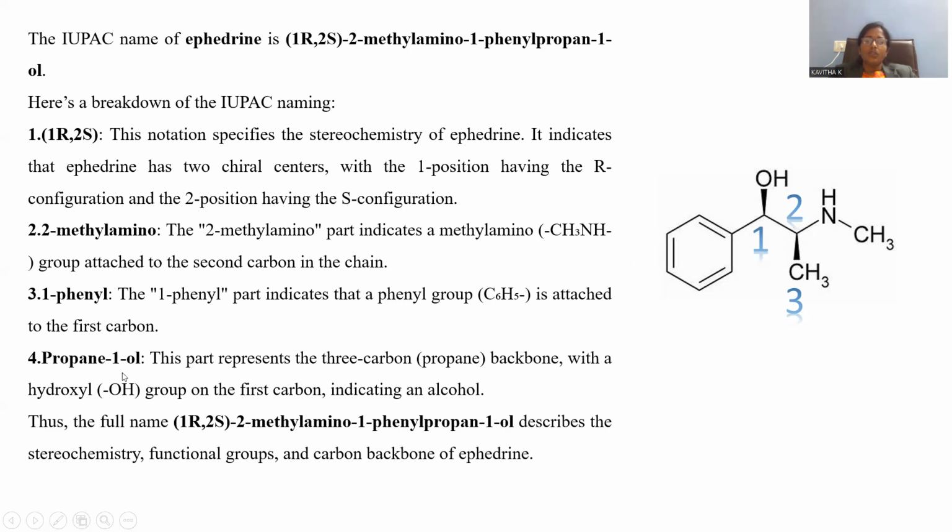So propanol is provided for the skeleton of this compound, and the entire name is regarded as: at the first carbon we have R notation, and the second carbon S notation, on the second carbon we have N-methylamino, on the first carbon we have a phenyl, and the backbone is, sorry, the backbone is propane, and the first carbon has hydroxy, so propanol. Propan-1-ol is also the proper representation of this IUPAC nomenclature. This is the entire description regarding IUPAC naming of the given compound.